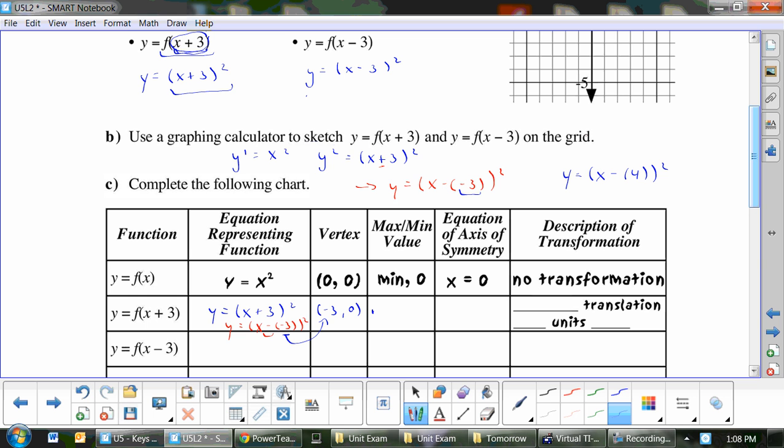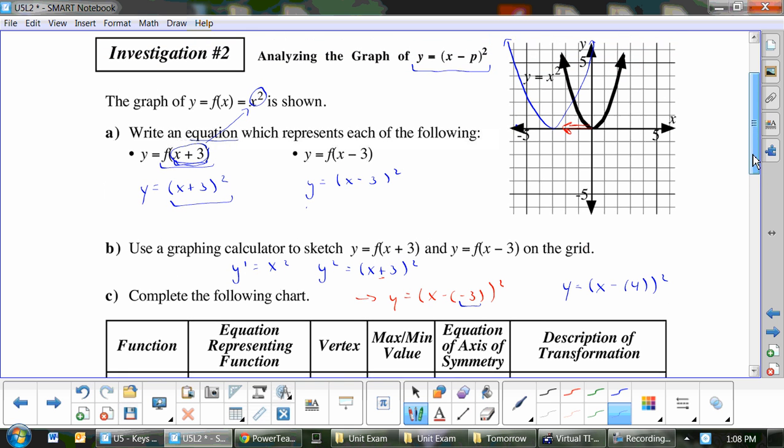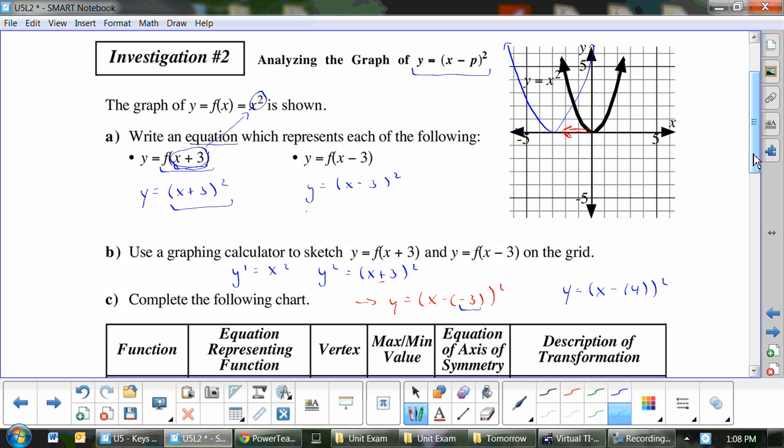Okay? Has our minimum changed? Nope. What about our axis of symmetry? Yeah, the minimum is the lowest that it goes. So it hasn't changed. It's still at 0, right? But our axis of symmetry, which was here before, is now here.